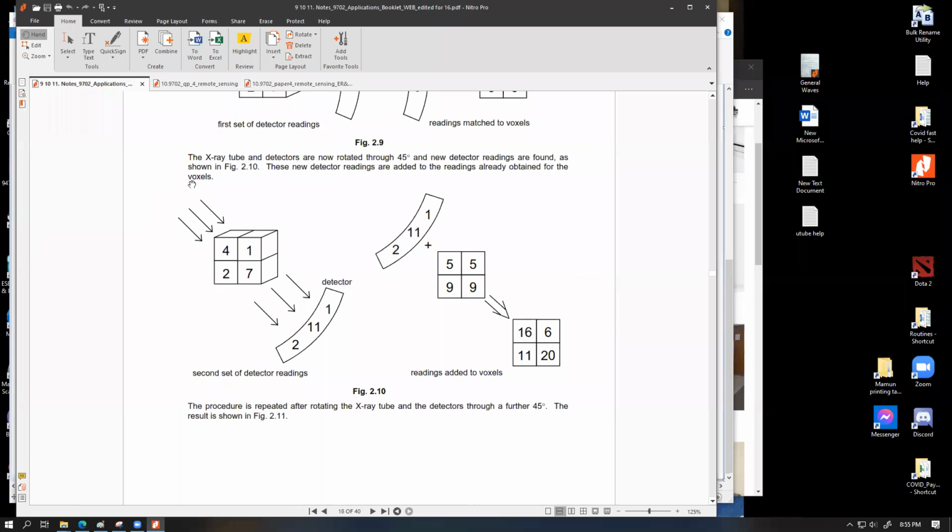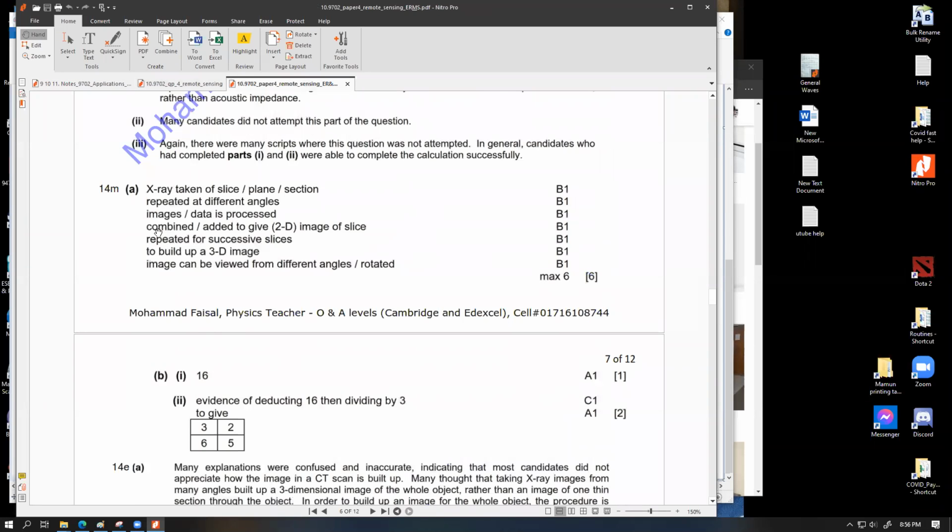So here the individual voxel intensities are getting added up together to give us a linear view. This is actually a voxel, where individual voxels have different voxel intensities. But whenever we do a scan, the result of the scan comes out to be some fixed numbers, which are the output of the addition of the voxel intensities. So that's the 3rd piece of information, which says combined or added to give a 2D image of a slice, repeated for successive slices.